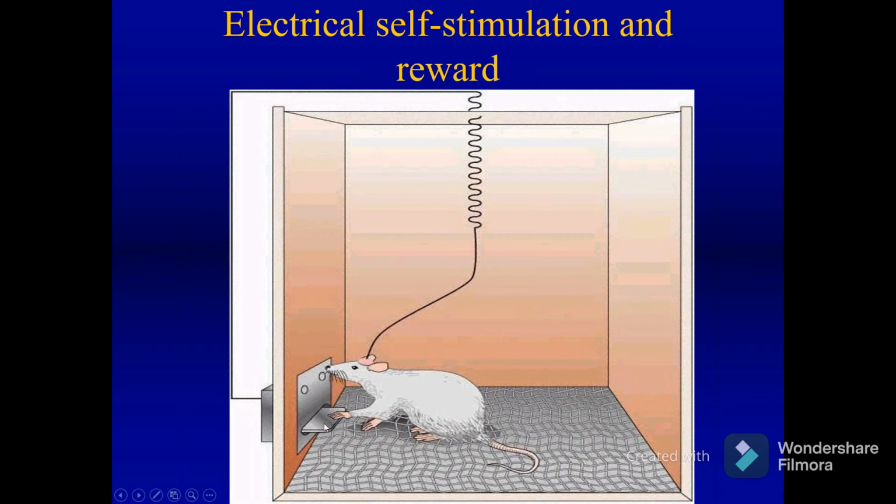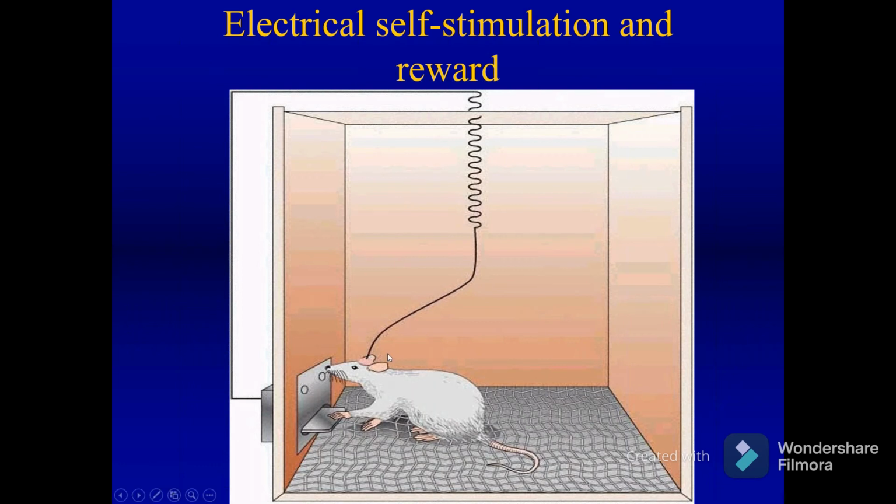By pressing this lever, the circuit is completed, and we are able to stimulate that particular brain area. So we have different areas. Stimulation of the different areas will have different kinds of responses.